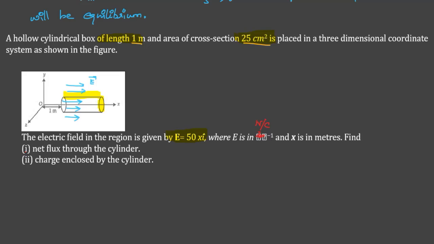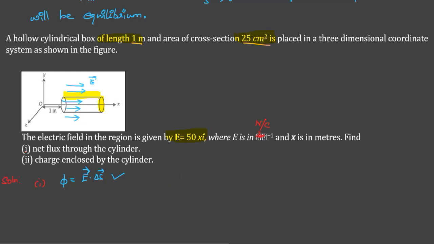Okay, first we will calculate the flux formula. Solution. You know that flux we can calculate in two ways: E into dS, or we can take Q by epsilon naught. Here we can't calculate flux through the second formula, so we can use only the first one.